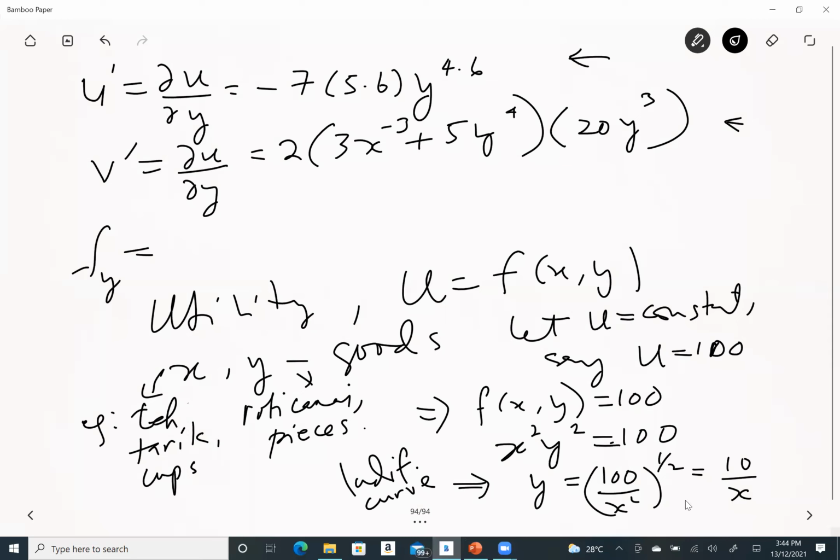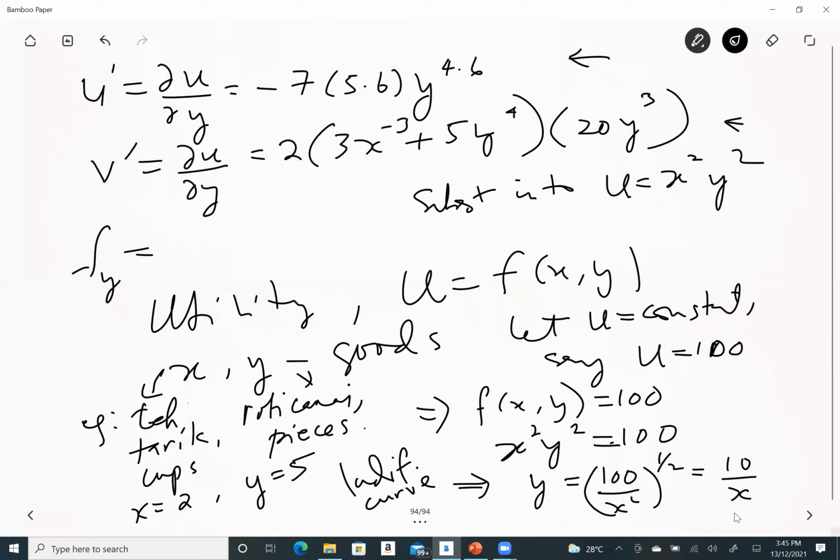Let's say x equal to 2 cups of teh tarik, and 5 pieces of roti canai. That's really a big eater. So what level of utility will it give you? What you do is substitute into the function, into u equal to x squared y squared. That will get you the utility. All right, so that is example number 4.